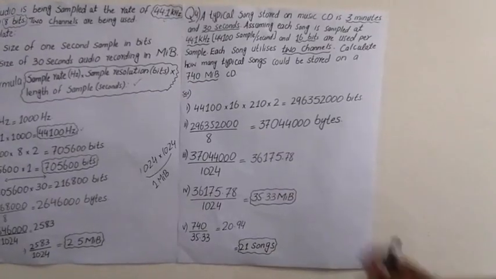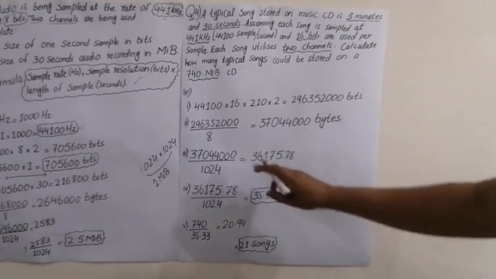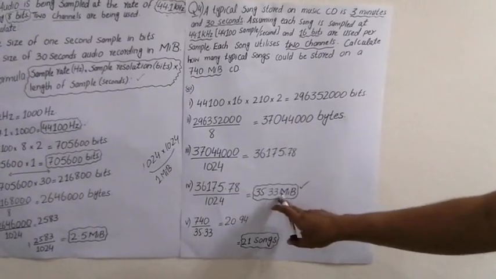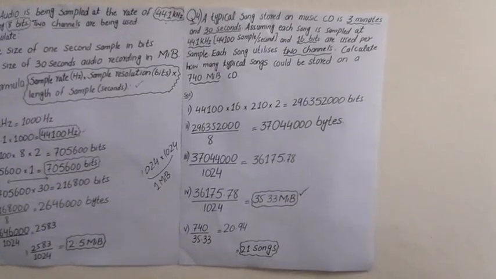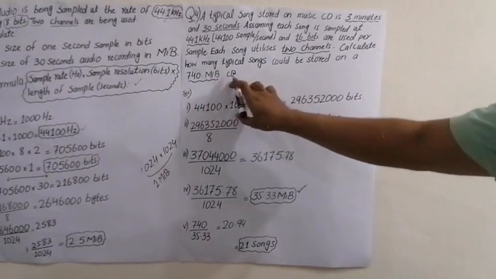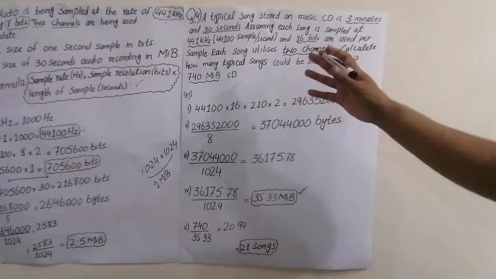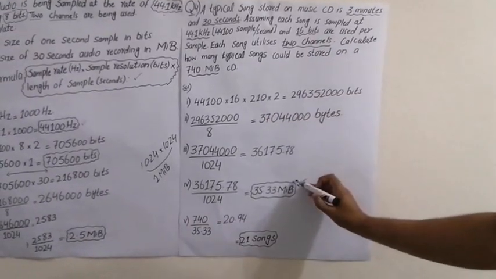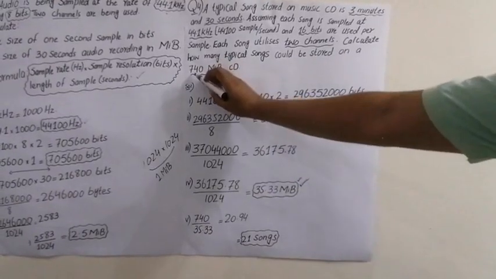So this is the value which you have got at the end by dividing this value of bytes by 1024 two times. At the end, you have to see how many songs you can store in a 740 MB CD. For that you have to divide the value in MB by the value given here in the question.